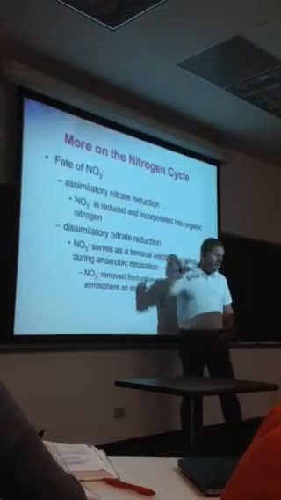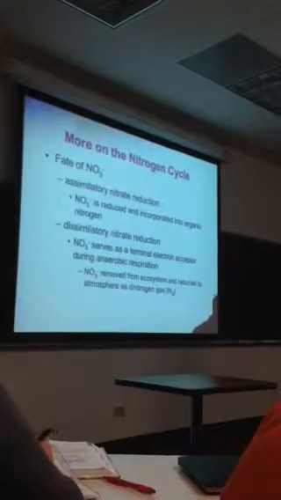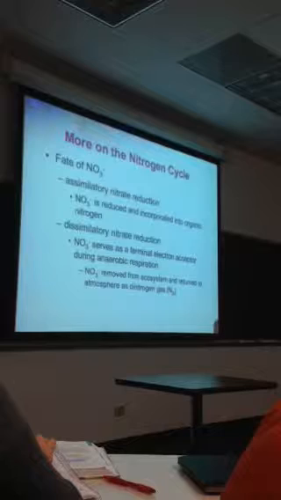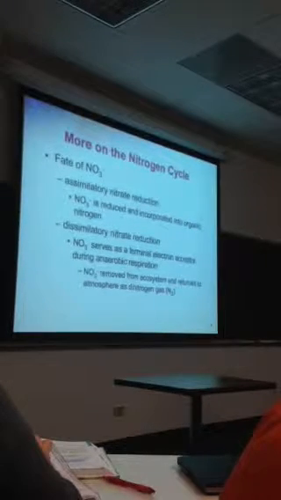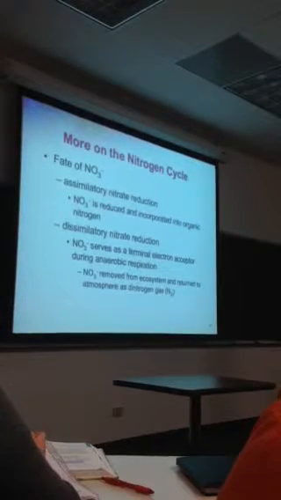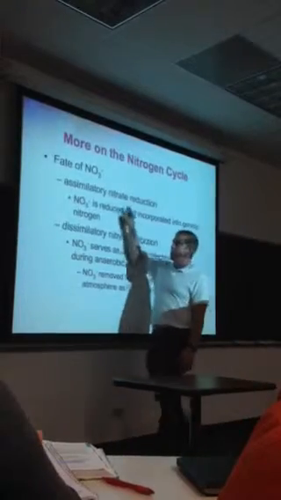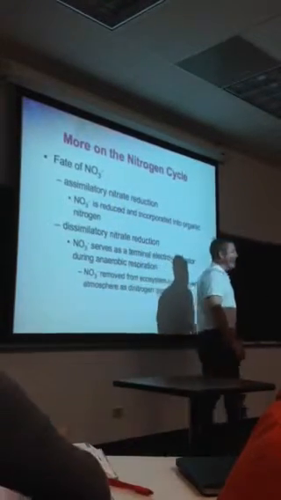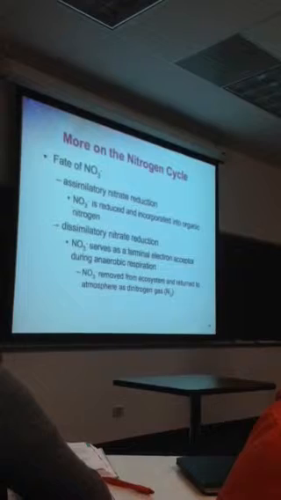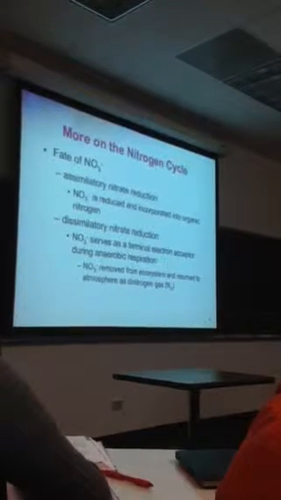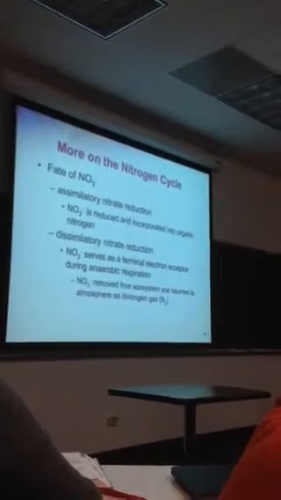Nitrate reduction is actually one of the key processes because it is second on the electron transport chain. First being oxygen, nitrate being second. There's a lot of research going into this. The other reason there's a lot of research going into this is because what do we use nitrate for? Where do you find nitrates? Fertilizer.